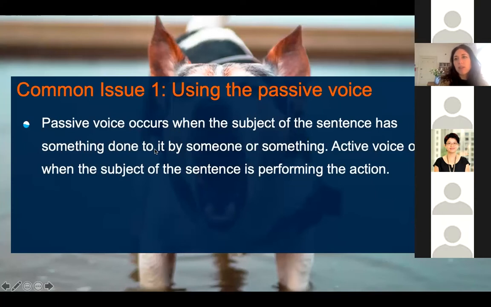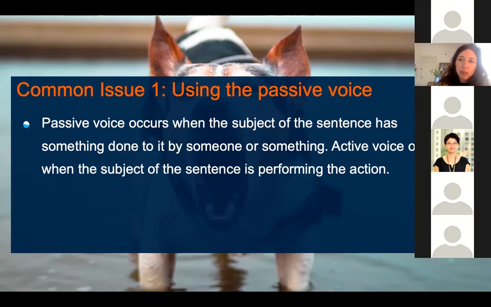I'm going to highlight some common issues now that often come up when I'm reading through academic essays. And they do need to be taken into account because they are common errors, so they come up a lot. And if you're aware of them, then you can write in a better way because you can just make sure you don't do any of these things, essentially.